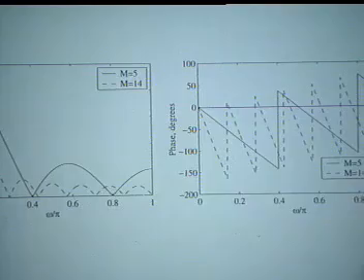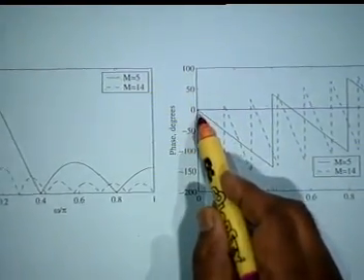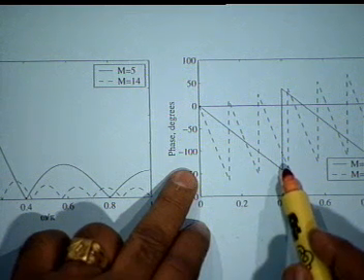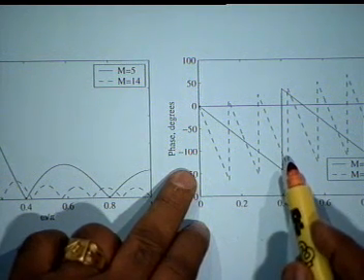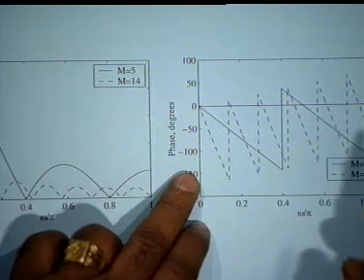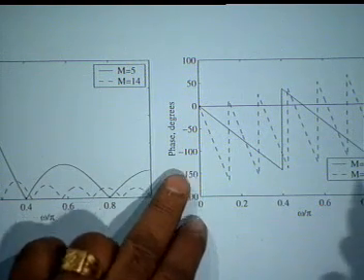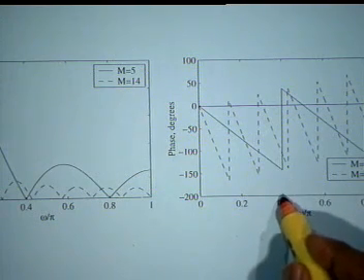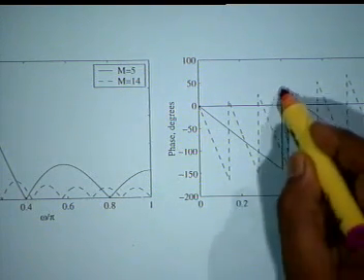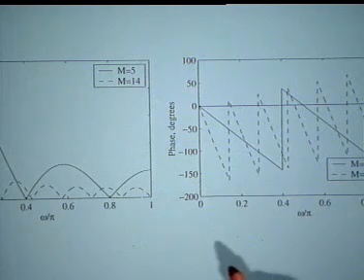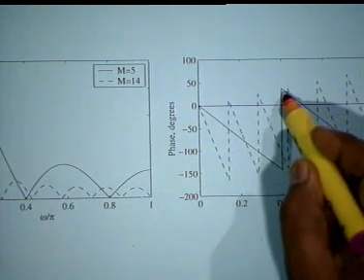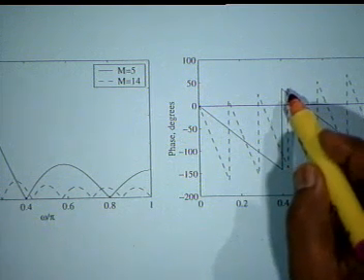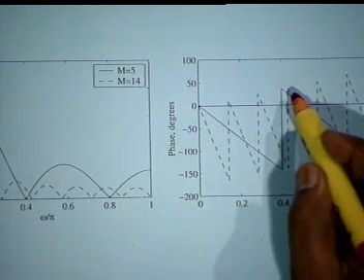Okay? And look at the phase. The phase starts from 0, goes up to the value minus omega times 5 minus 1 by 2, and this transition then occurs at 0.4. At 0.4 this height is exactly equal to 180 degrees. It goes up by 180. Now then the quantity sin omega M by 2 by sin omega by 2 remains negative.